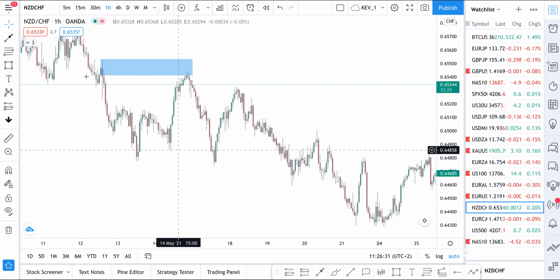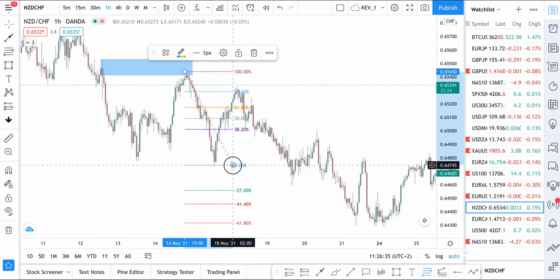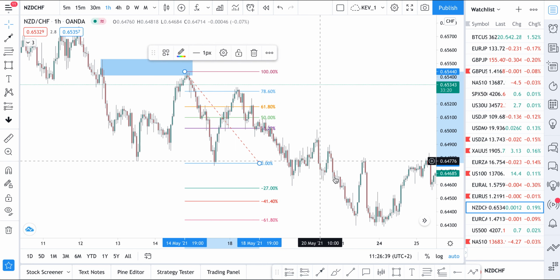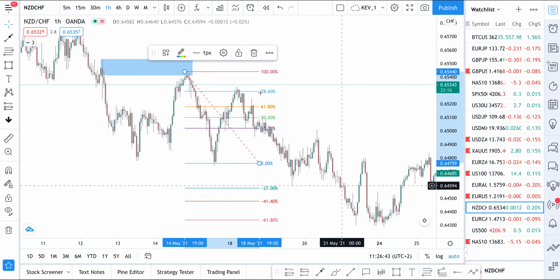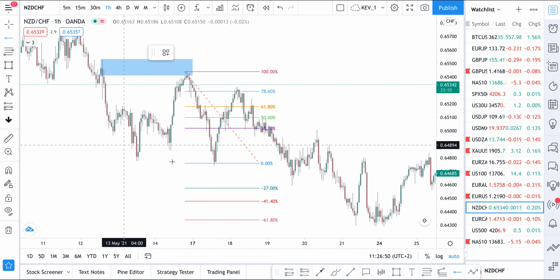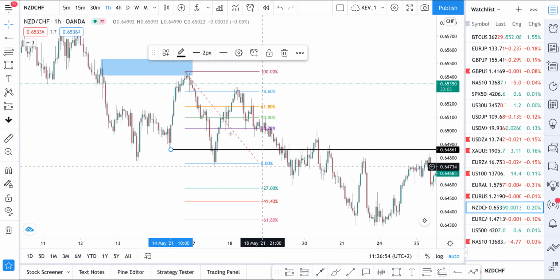It dropped. And guess what? It retraced back to the 78.6 level. What happened when it came back there? It dropped. And why did it drop? Because this structure had already been broken downwards, which means we were now officially on a downtrend.